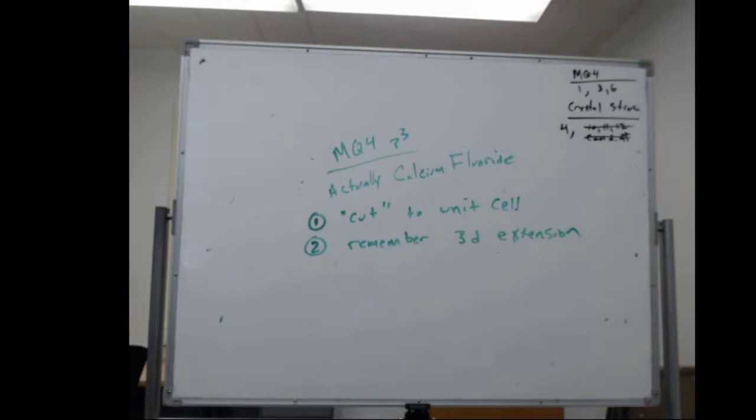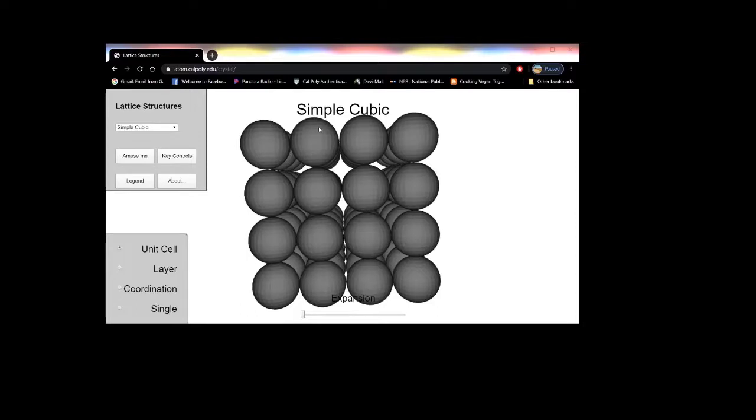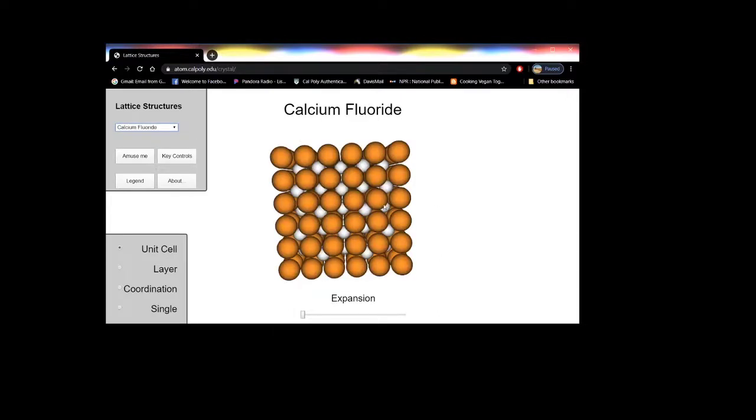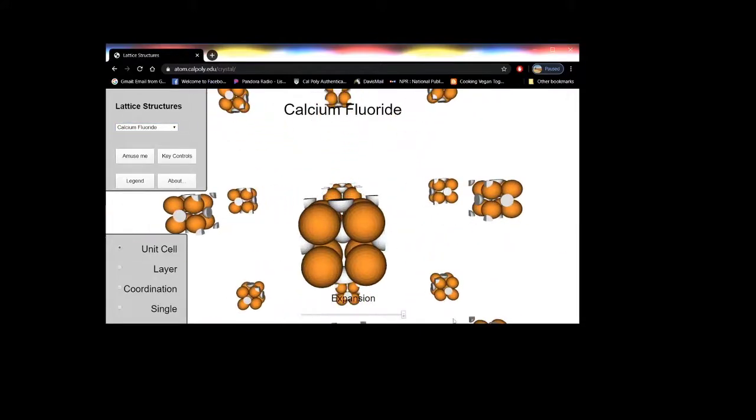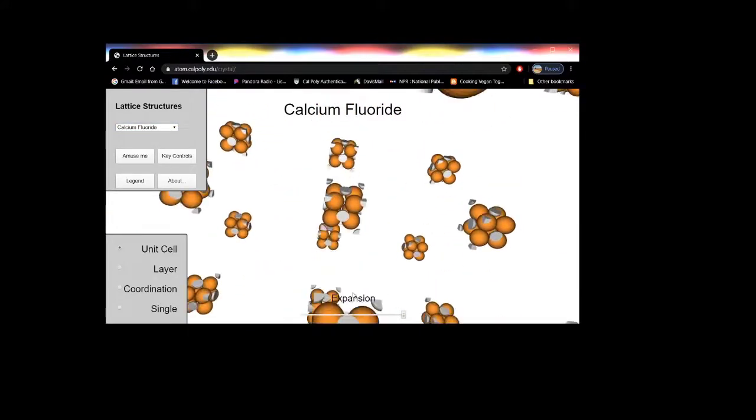Again, using the trick that this is actually calcium fluoride, we might be able to see it a little bit better. So switch to calcium fluoride. Ooh, kind of hard to see. Ooh, that doesn't necessarily make it easier, does it?